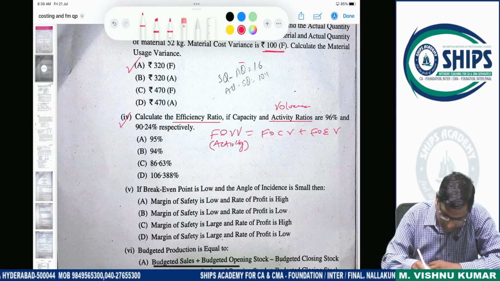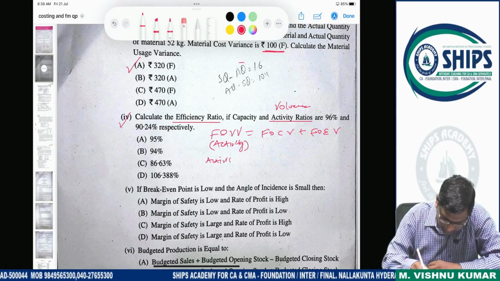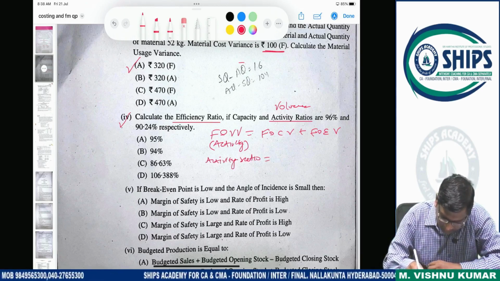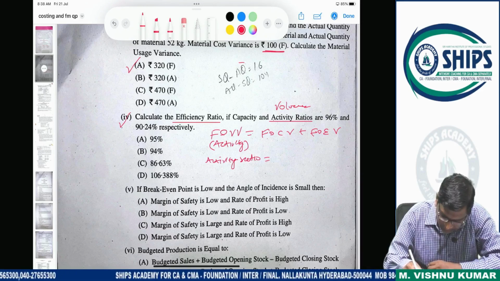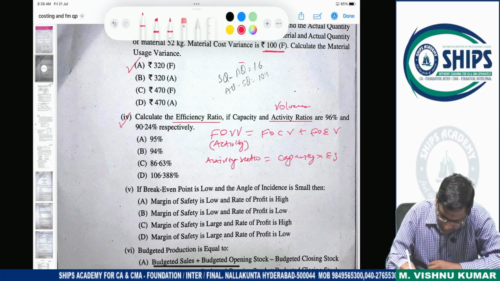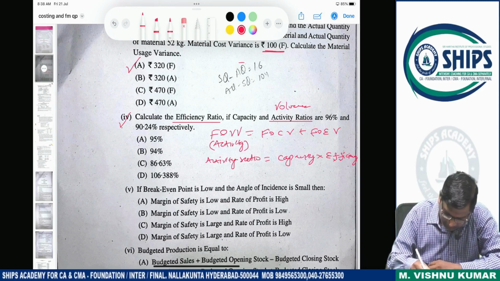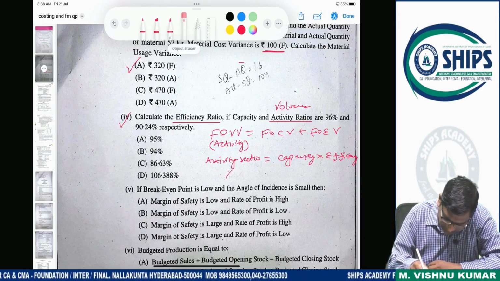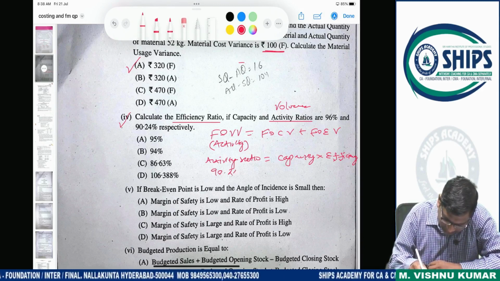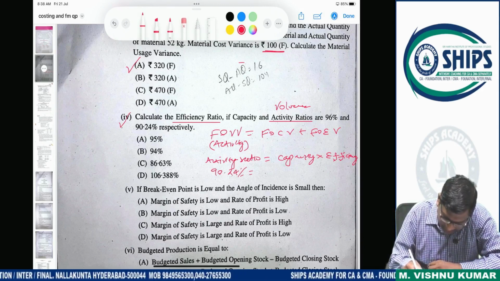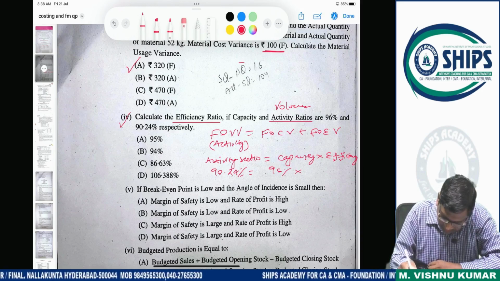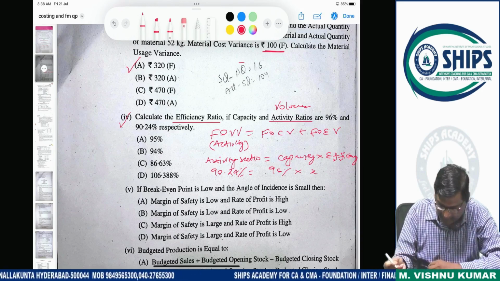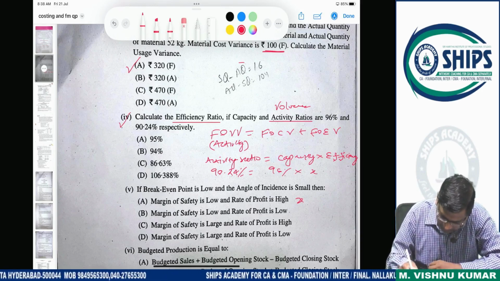See, in control ratios, your activity ratio is equal to what? Capacity into efficiency. So activity ratio is how much? 90.24%. Capacity ratio is 96%. Efficiency is X. Now you can find the X value.